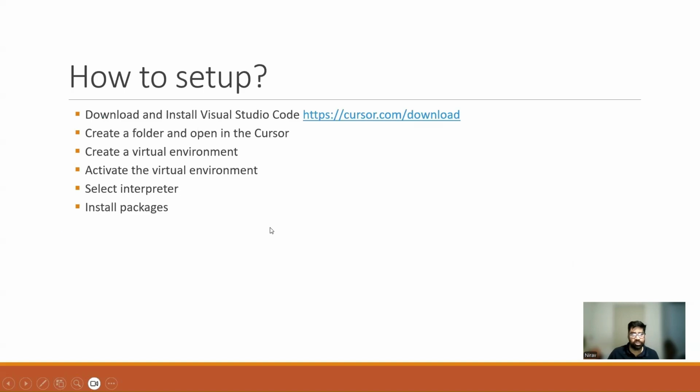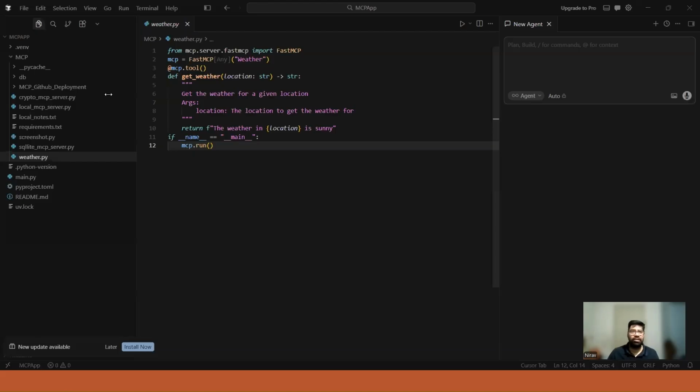How to set up? It is almost the same as what we have discussed for Visual Studio Code. The only difference is that you need to install Cursor by going to its website. Install Cursor on your laptop or PC. Create a virtual environment as we have discussed. Activate the virtual environment, select the interpreter, and install packages. It is almost the same.